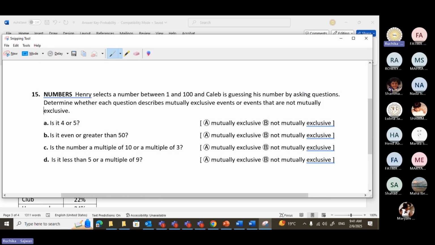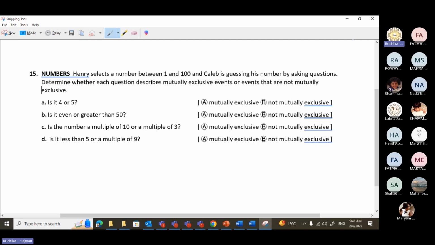So is there a number which is a multiple of 10 also and a multiple of 3 also? Can any girl tell me that number on the mic? Which is the number which is a multiple of 10 also and 3 also, in between 1 to 100? There is something common. What is that number? Use the mic now.